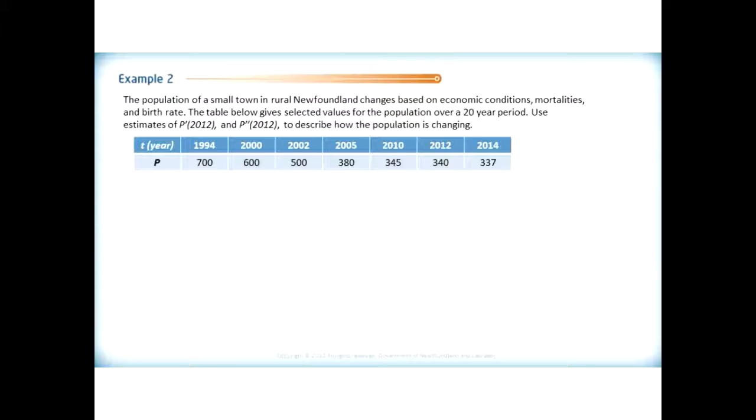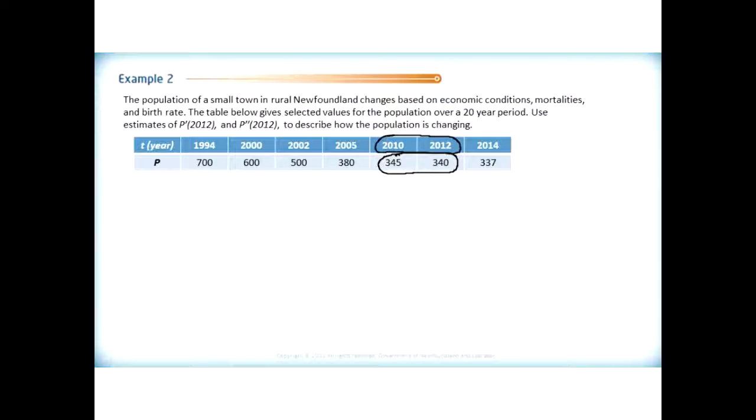So let's start with, first of all, trying to find an estimate for P prime at 2012. So the rate of change of the population at 2012. Well, we have seen lots of different ways to estimate the slope at a particular point if all we have are data. And one of the things that we can do is just pick another point that's close to it.